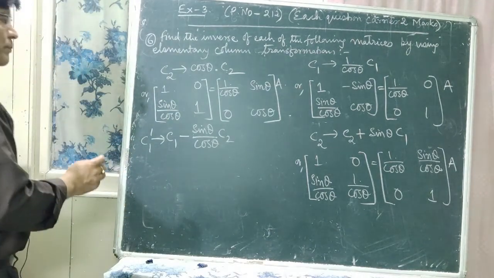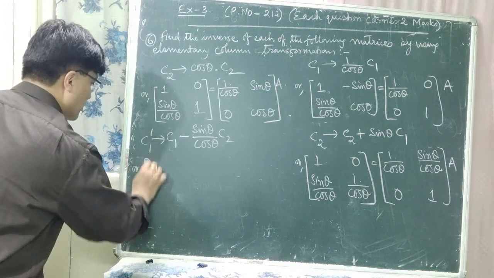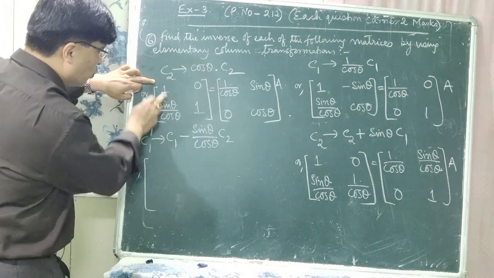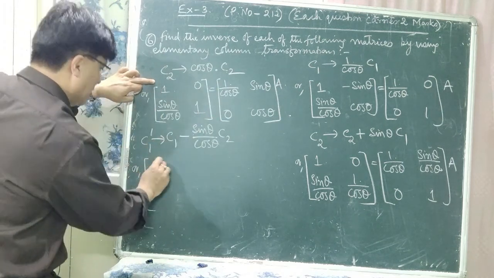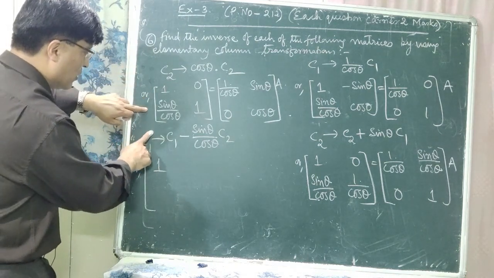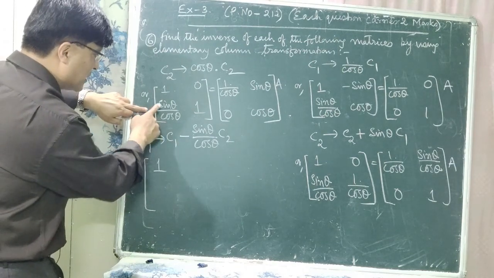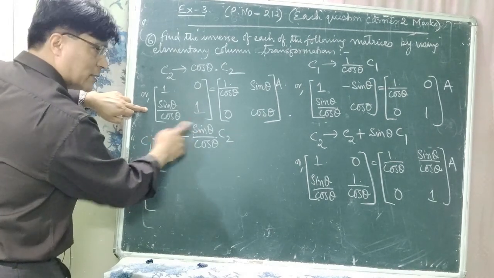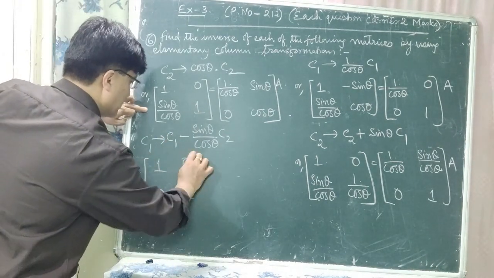Right? So let us write it now here. Now column 1 is changing here. How does it change? This C1 is 1 minus sin theta by cos theta into 0 is 0. That is, it is only 1, right? Now this column 1 is changing, or you can write C1 only. How does it change? C1 means sin theta by cos theta minus sin theta by cos theta into 1. That is the same expression, but with opposite signs. So it is 0. Now it is 0, 1, right?